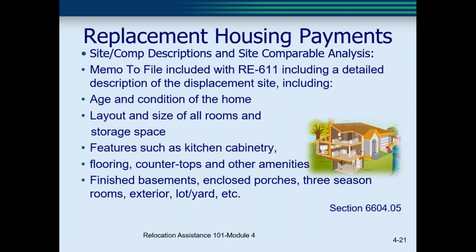It should address features such as kitchen cabinetry, flooring, countertops, and other amenities. As applicable, the description shall discuss finished basements, enclosed porches, and 3-season rooms. It should also note any unusual features, extraordinary improvements and amenities, and describe the exterior and the yard.